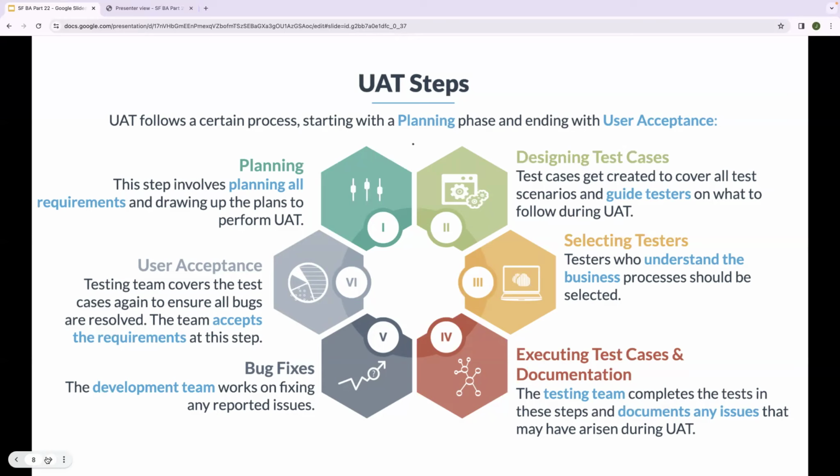Designing test cases: test cases get created to cover all test scenarios and guide testers on what to follow during UAT. Selecting testers: testers who understand the business processes should be selected. Executing test cases and documentation: the testing team completes the tests in the steps and documents any issues that may have arisen during UAT.